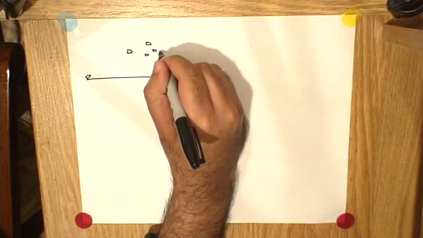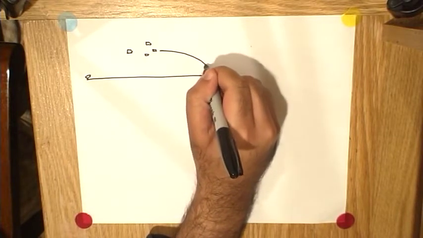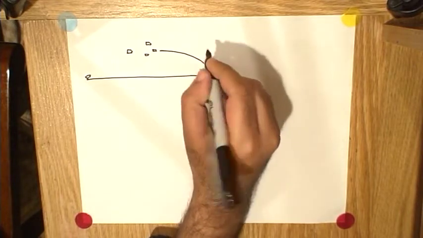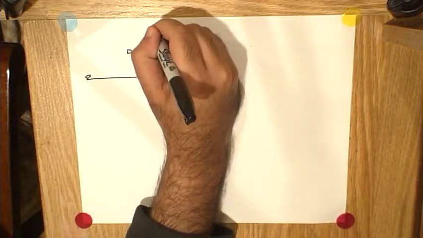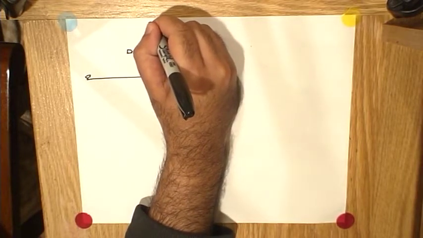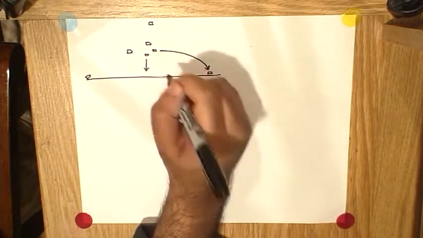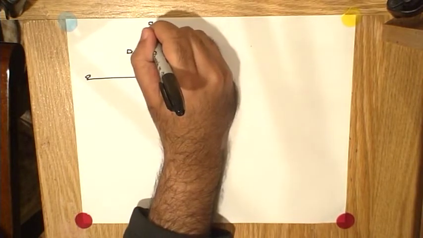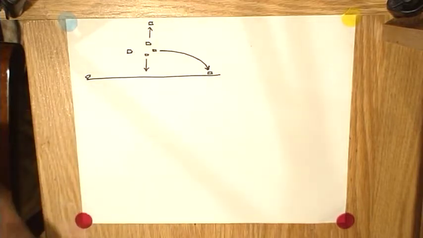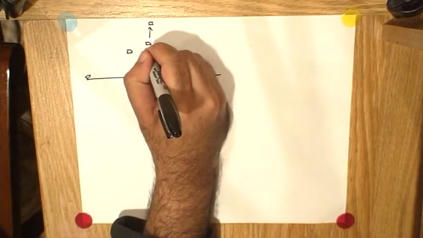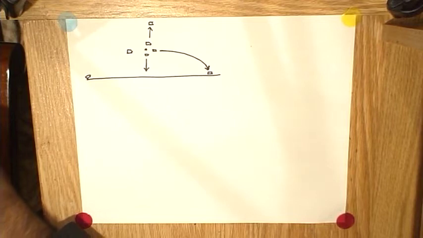It's going to travel rightwards, like so. And another fragment is going to travel straight upwards. The third fragment is going to travel straight downwards. So we have a fair bit going on over here.